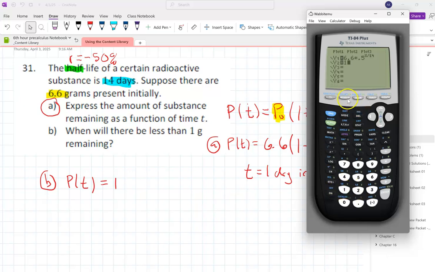And then 1. Now, I have to be careful about choosing my window, though, right? My x is representing the t, which is time. So let's think about it. I have 6.6 initially. After 14 days, that'll go down to 3.3. After 28 days, that'll go down to like 1.65.